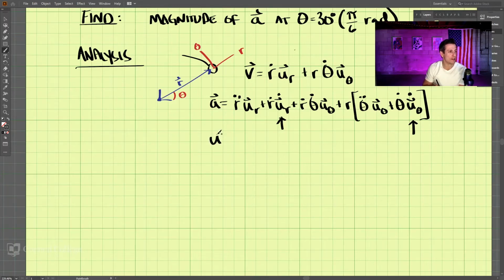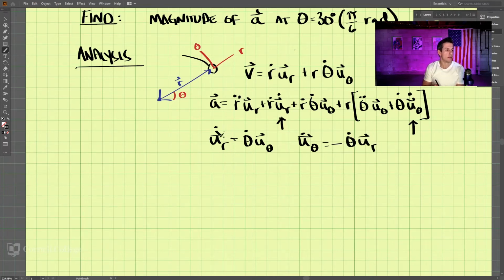So what u r dot comes out to be is nothing more than theta dot times u theta. All right. Likewise, u theta dot comes out to be, make sure I get this correct here, negative theta dot times u r.